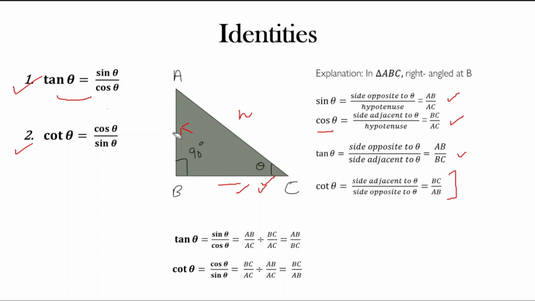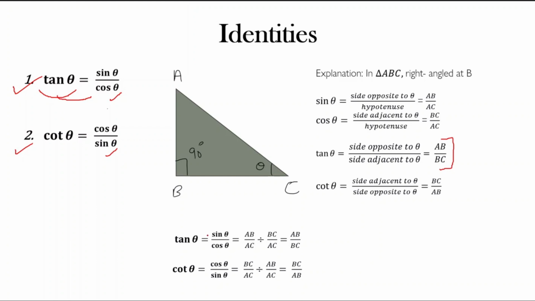Now we need to check whether tan theta equals sin theta over cos theta. You have got the values of sin theta, cos theta, tan theta, cot theta if I directly use the formulas. If these identities are correct, you should get the same answer for tan theta. So let's see.